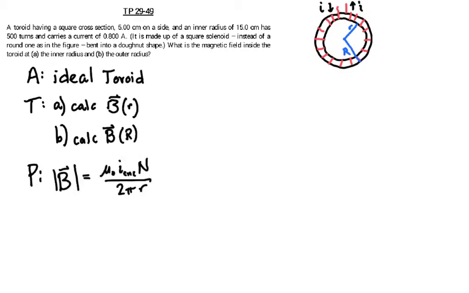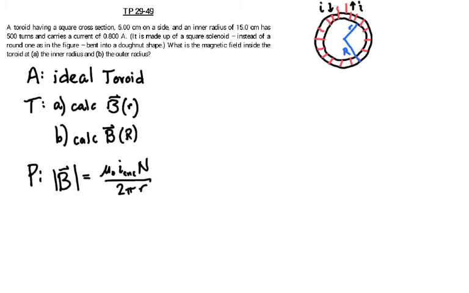Alright, so here's the equation we will need to calculate the magnitude of the magnetic field inside our toroid, where this value, little r, is the distance from the center of our donut to any position inside of our toroid. Not out here, not inside here, only in our circular portion of the toroid.